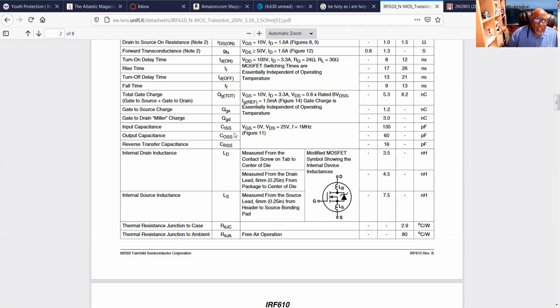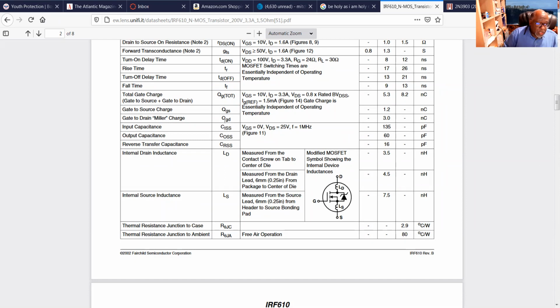So, okay, what does this have to do with our frequency response stuff? If you recall, and if you don't, I will remind you. We're interested in our gate to source capacitance, our drain to gate capacitance, and our drain to source capacitance.